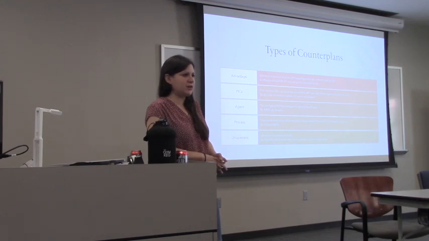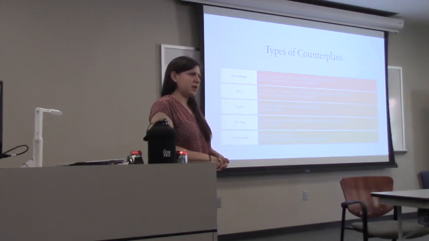Can you think of other advantage counterplan ideas that you might use to solve the affirmative in the packet? Yeah. Cooperate with NATO to build up cyber defense. Okay, cooperate with NATO to build up cyber defense.